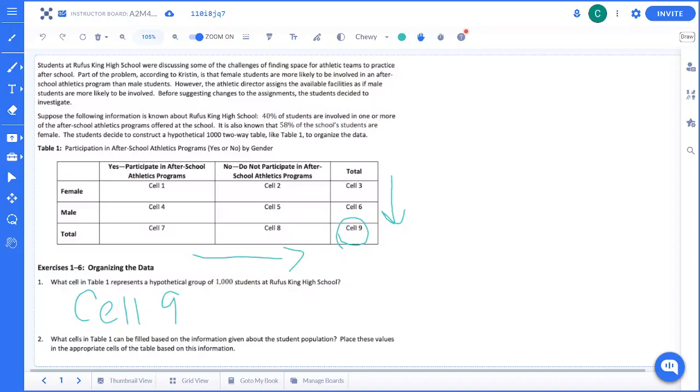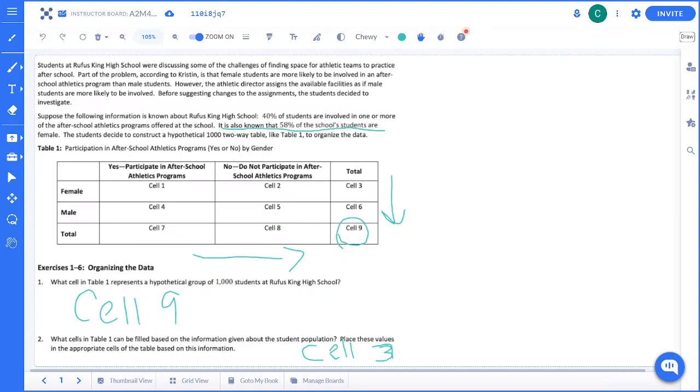All right. Number 2, what cells in table 1 can be filled based on the information given about student population? Place these values in the appropriate cells of the table based on this information. Well, since we're looking at total males and females here, it tells us that 58% of the school's population is female, which would mean cell 3 is going to be able to be filled out.